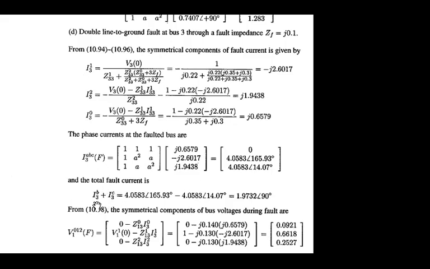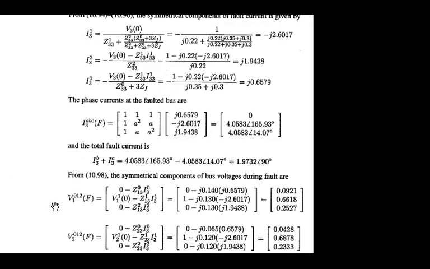For other faults, you can conclude the solution up to I3 ABC. But for double line to ground, you have to consider I3B plus I3C, or based on the fault bus, that expression. When you make that calculation, you will get the total fault current during the double line to ground fault.